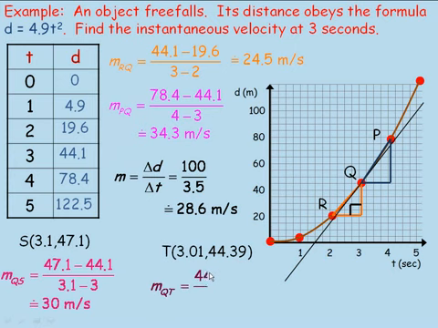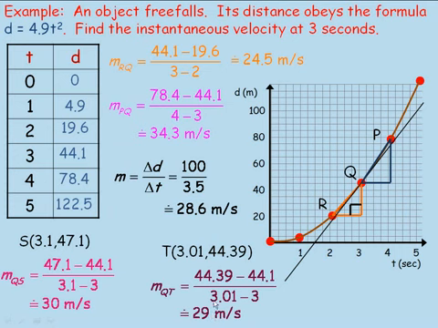And so I'll find, using the slope calculation again, the slope between this point and this point. And so the change in distances are 44.39 minus the 44.1. And the change in time is 3.01 minus the 3. So there's the change in time. And that will give me a velocity of 29 meters per second, so even closer to this one.